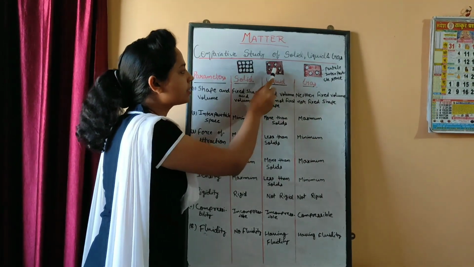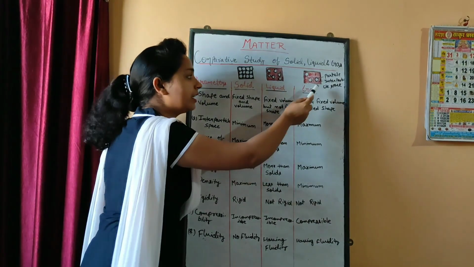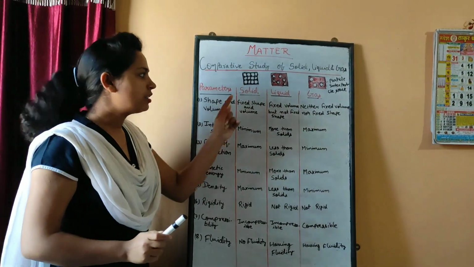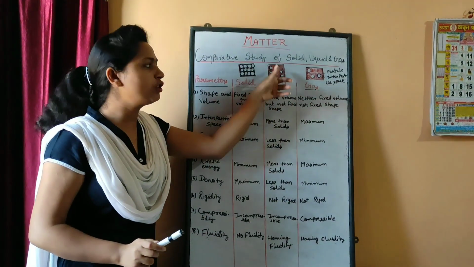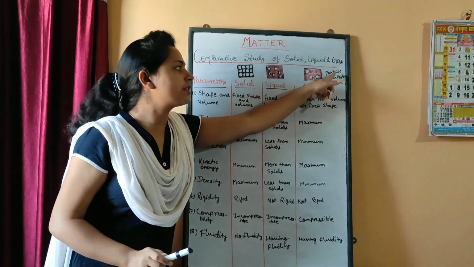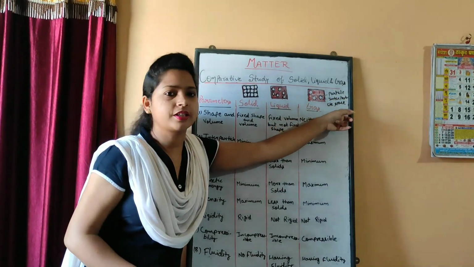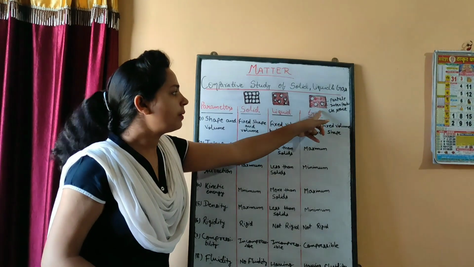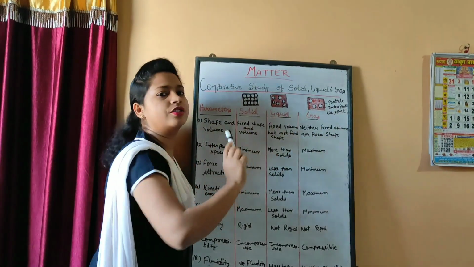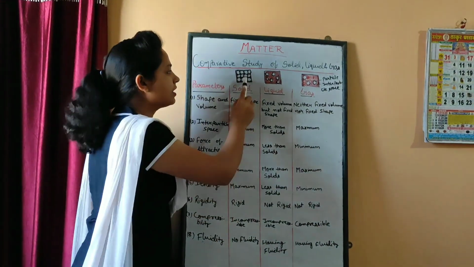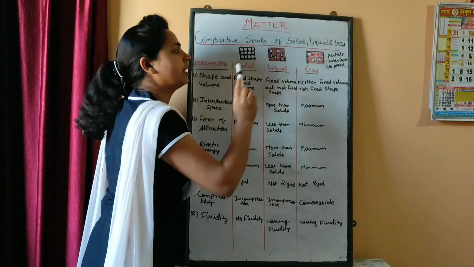The interparticle space is somewhat more than the solids, right? But in gaseous state you can see I just used red color to show the interparticle space so that it will be clear to you, right? This circle represents the particles and this red color represents the interparticle spaces. So the interparticle spaces in between the gaseous particles are very, very large. Got it? So these are the particle arrangements of solid, liquid and gas.